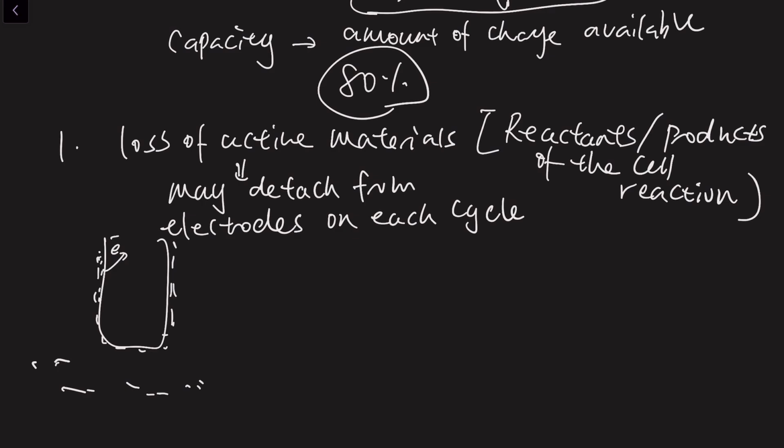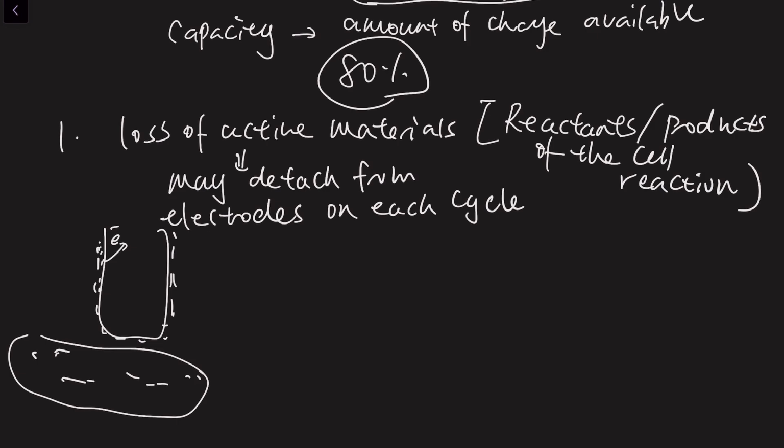But if they fall off from the electrodes, then we cannot make them lose or gain electrons, and so we are losing those active materials, thus decreasing the amount of charge the battery can hold, since some of the materials are no longer participating in this chemical reaction. So this is one possibility.